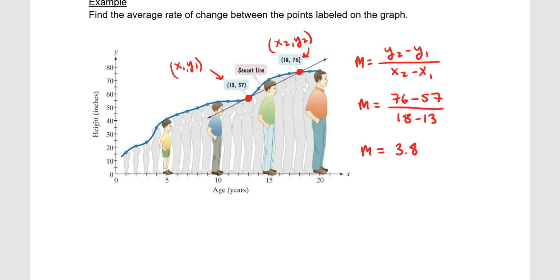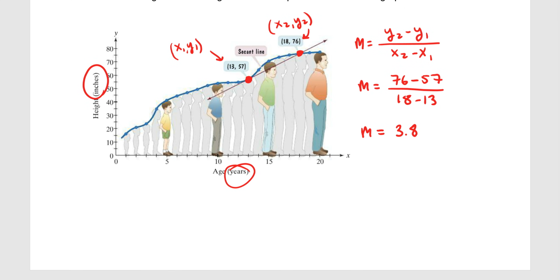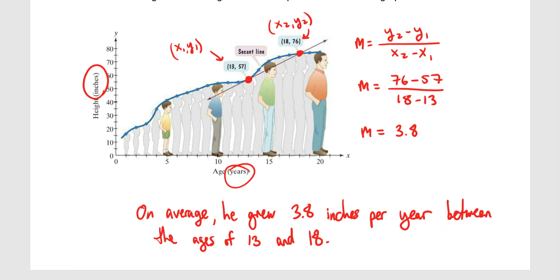When we're calculating slope, it is change in y divided by change in x. So this is our units for y, this is our units for x. So that 3.8 number is going to mean that the average rate of change is 3.8 inches per year. And that was for between the ages of 13 and 18.